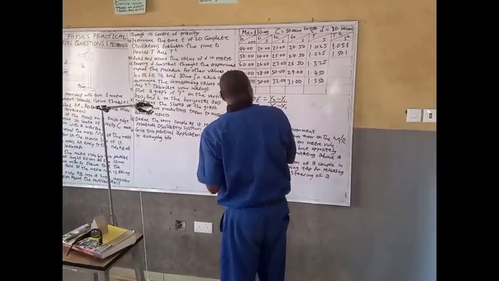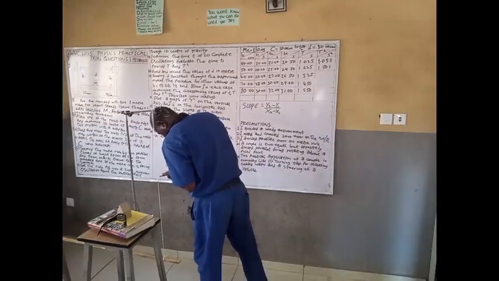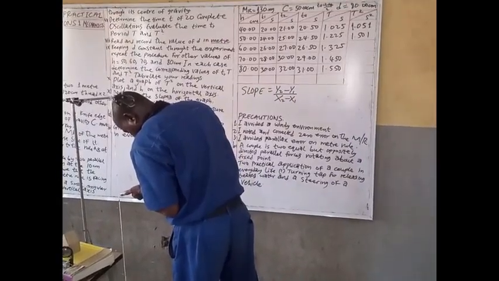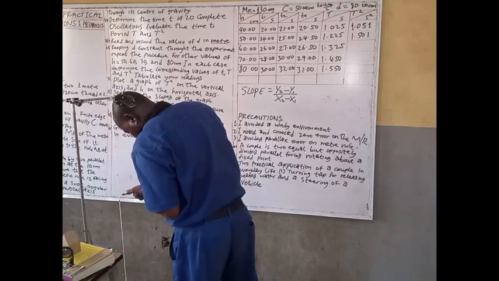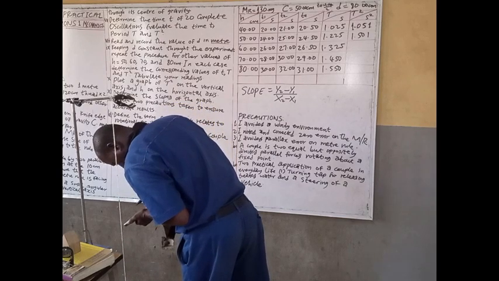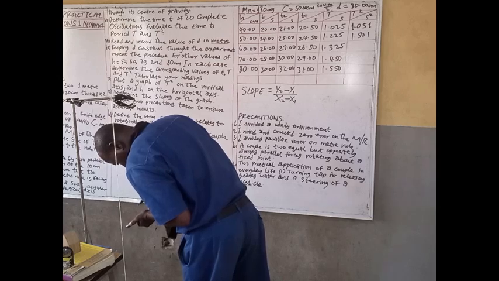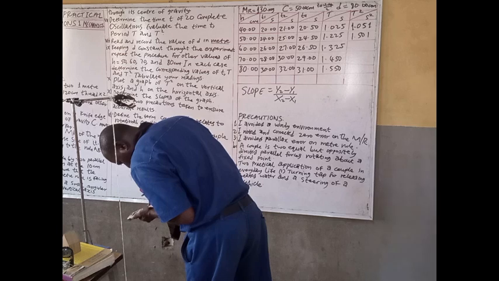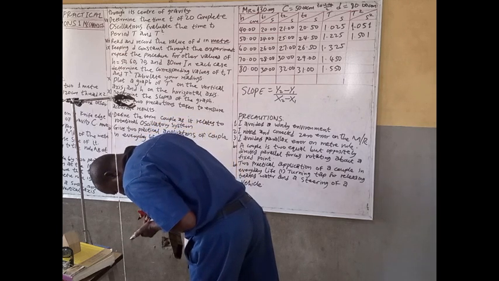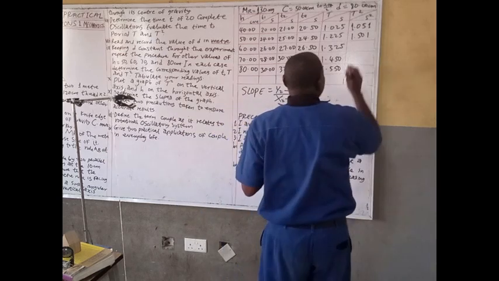Then 1.325 times 1.325 is equal to 1.756.